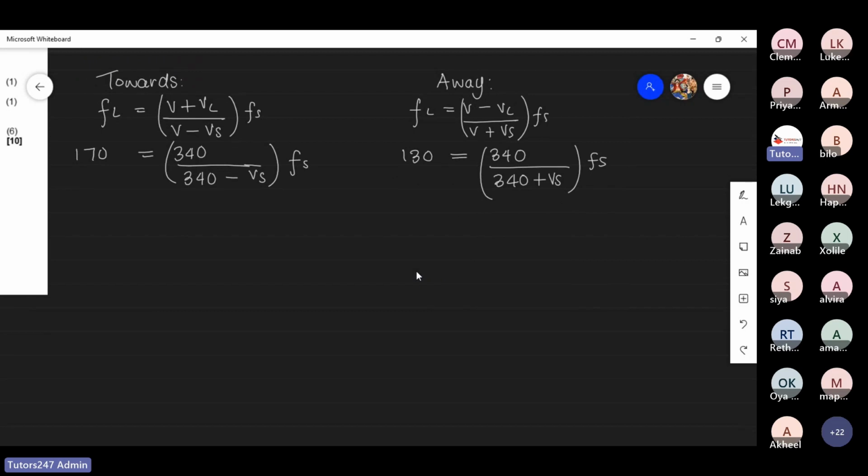I now need to solve for Vs, keeping in mind that I have two unknowns, Fs and Vs. Because I need to solve for Vs, I'm going to make Fs the subject of my formula.